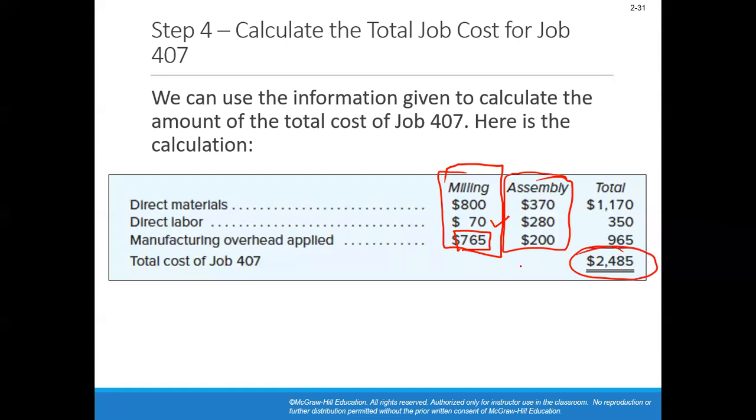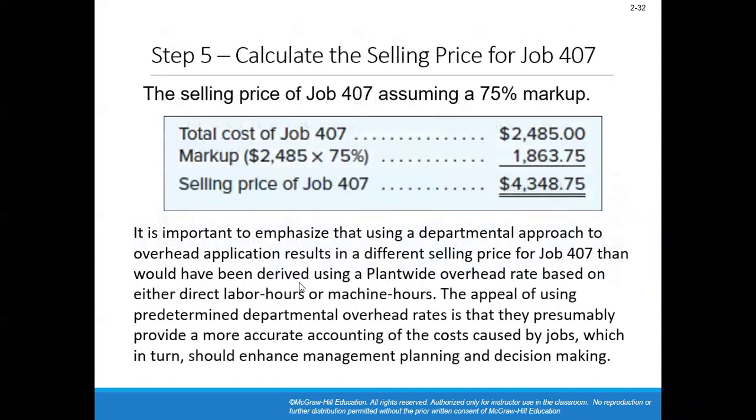The total cost for which job? The job number 407. And can you recall that the manufacturer was asking that I will place a markup of 75%? If we place a markup of 75% on the 2,485, I will get a markup of 1,863. And how much selling price for the job 407? This selling price will be charged.